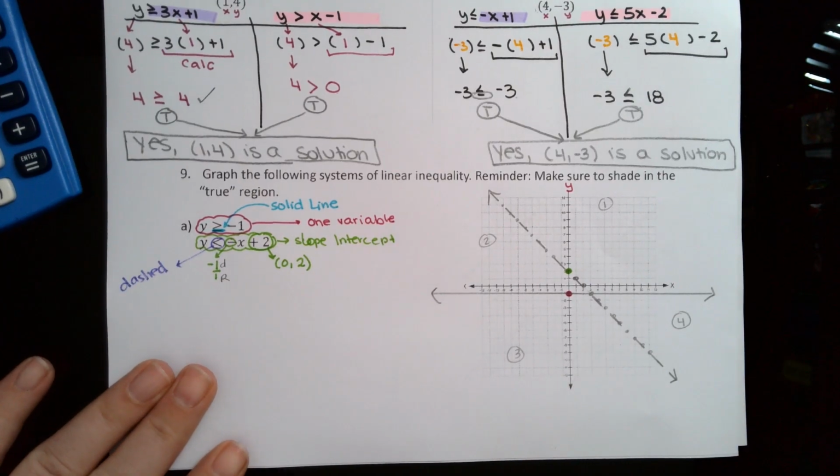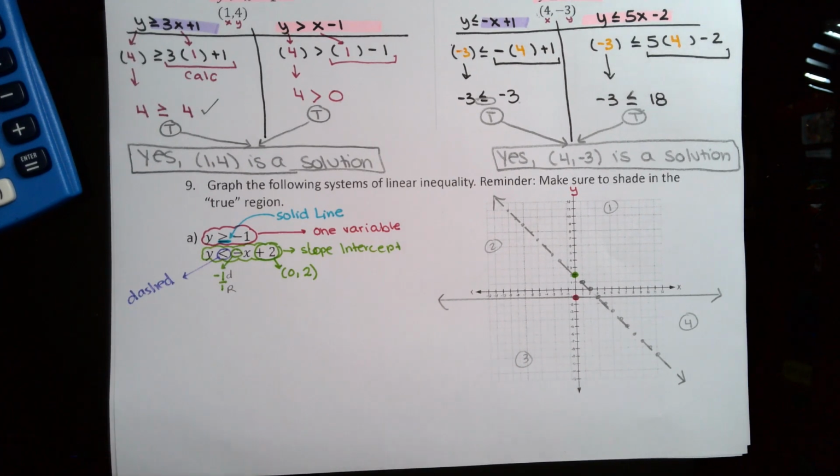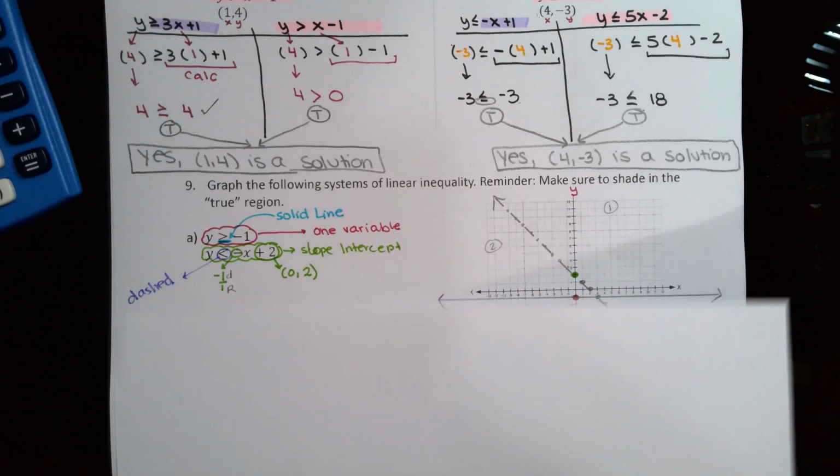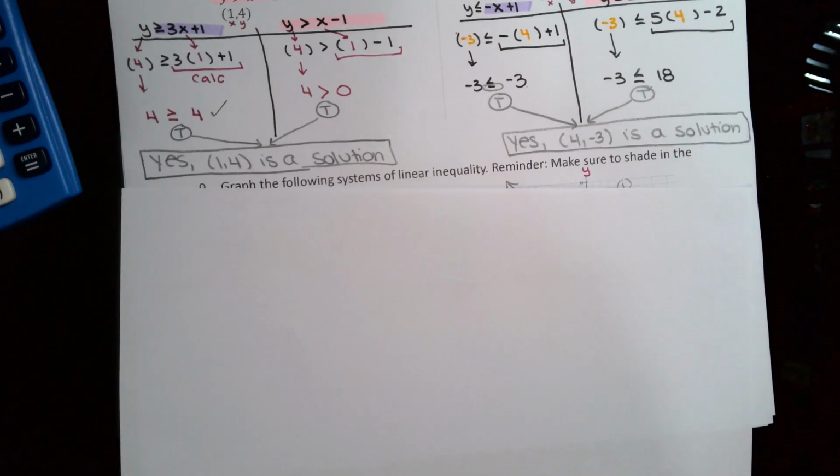One of these sections is going to be a true section. So we can use the same method that we did before when we are doing just regular inequalities for your testing point. So I have another sheet of paper here.